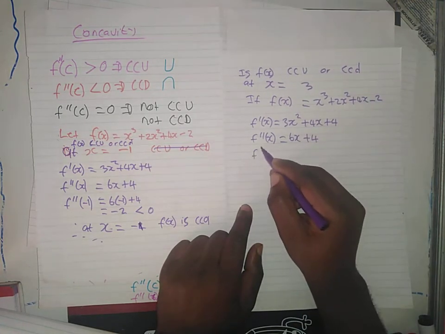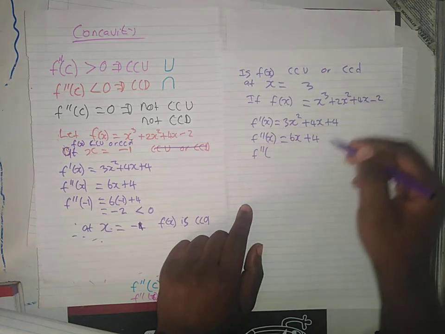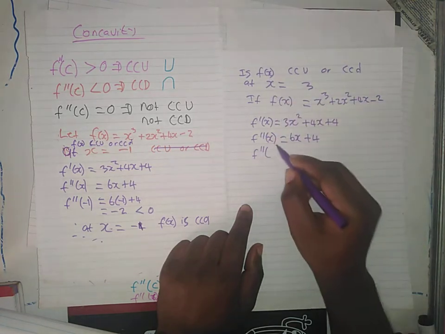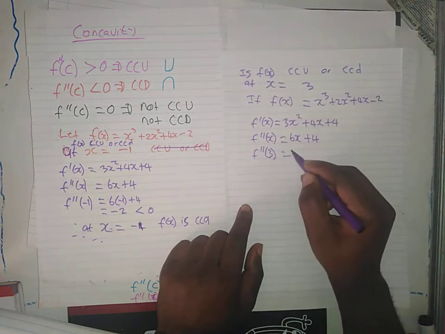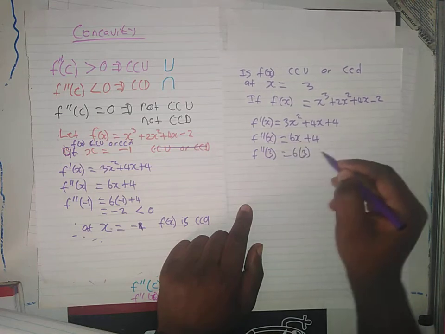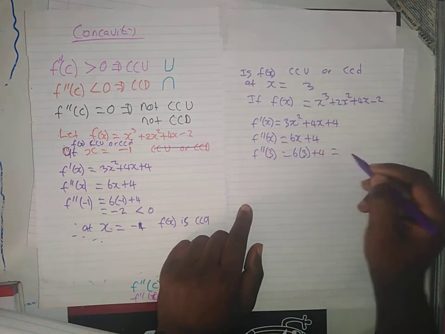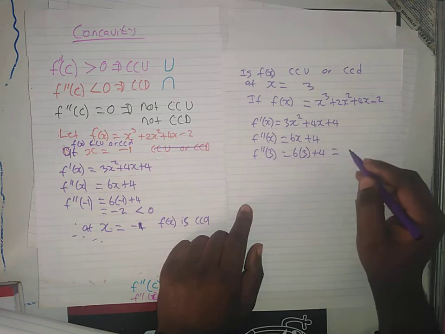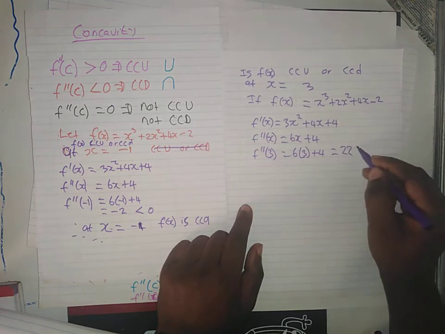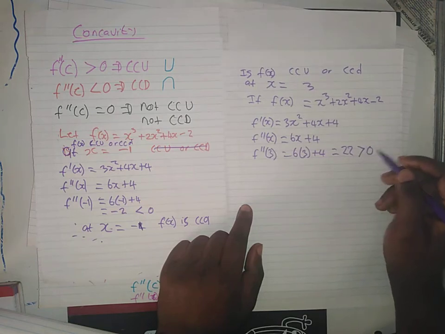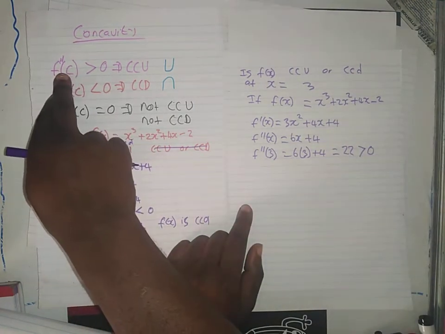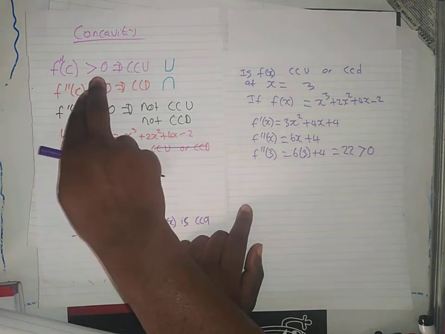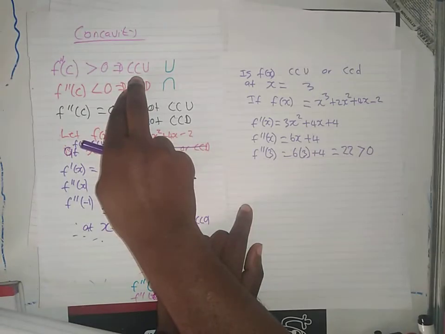Now at x is equal to 3, that is 6 times 3 plus 4, which is 18 plus 4, which is 22. That is positive, and in terms of our rule, if f prime prime at c is greater than 0, we have concave up.